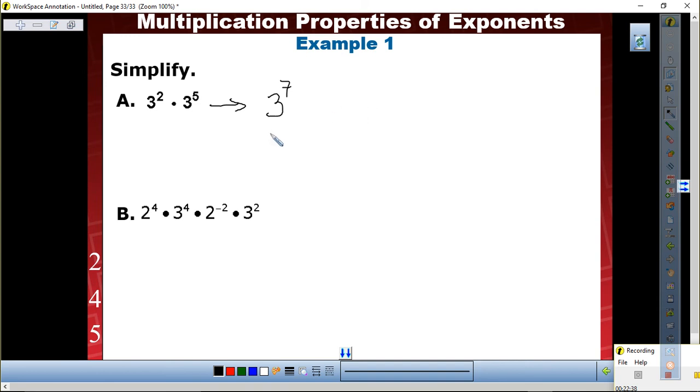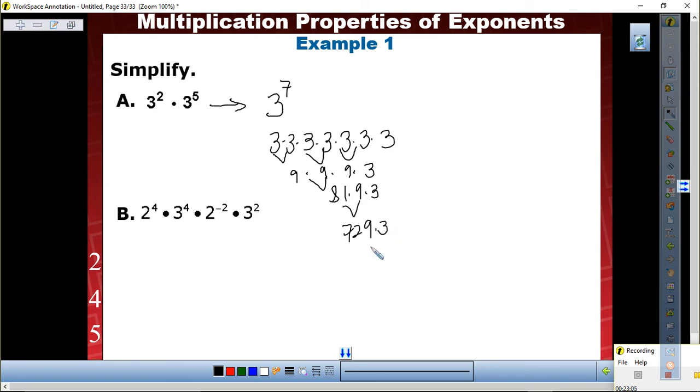Which means you need to expand 3 times 3 times 3 times 3 times 3 times 3 times 3, which is 9 times 9 times 9 times 3, which is 81 times 9 times 3, which is 729 times 3, which is 2,187. Yes? All right. Finish up B, see what you get.